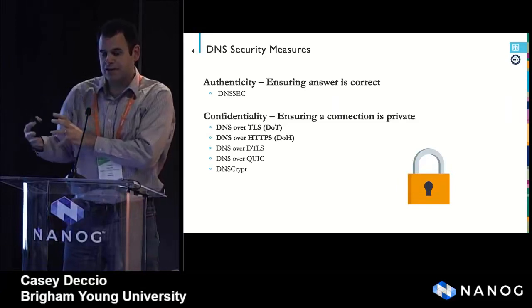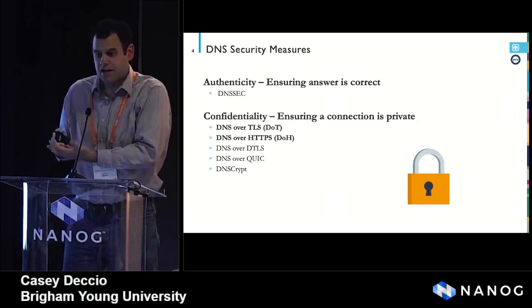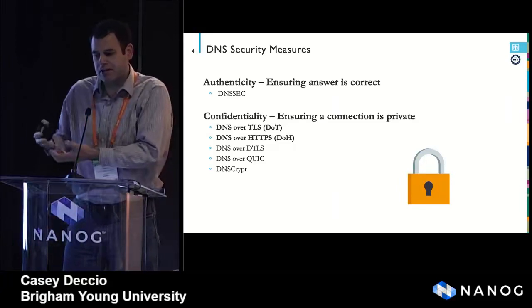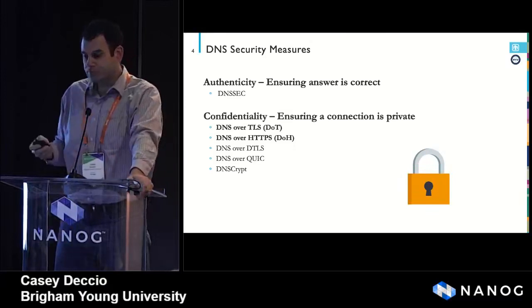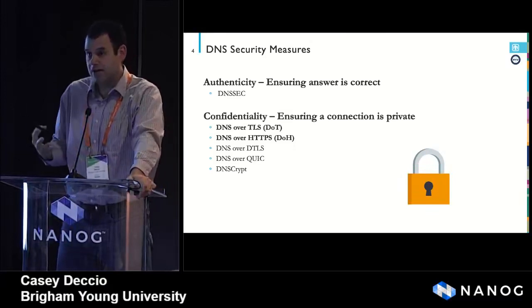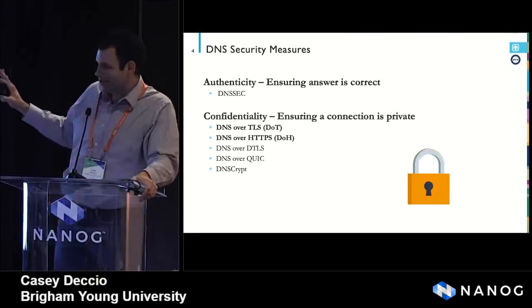Okay, but it doesn't encrypt your communications, so a passive observer could still get it. Once you've gotten it, then you can tell that it's legitimate or not. Okay, but we're not going to be talking about DNSSEC today.